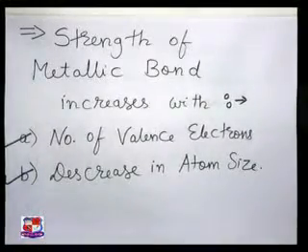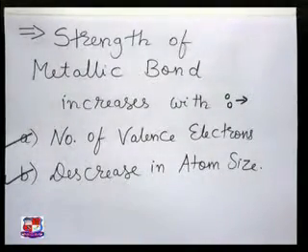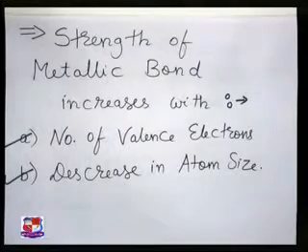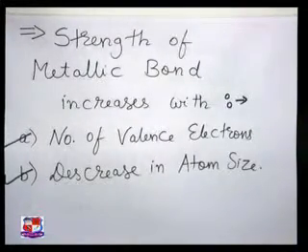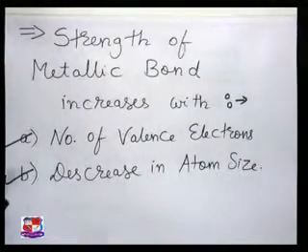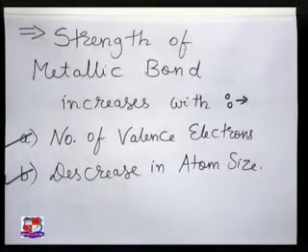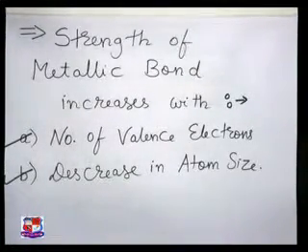Now we have to see what happens to the strength of this metallic bond. There are two factors that affect the strength of the metallic bond: the number of valence electrons in the outermost orbital of the metal, and the size of the atom.